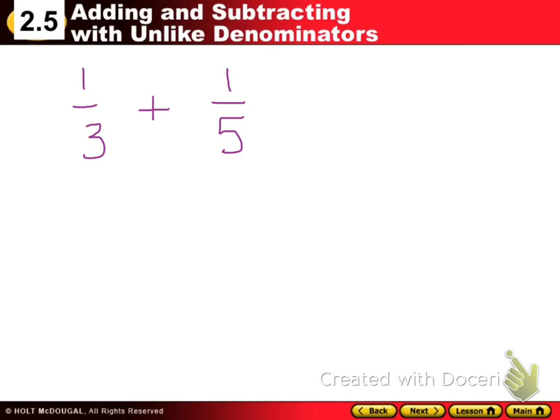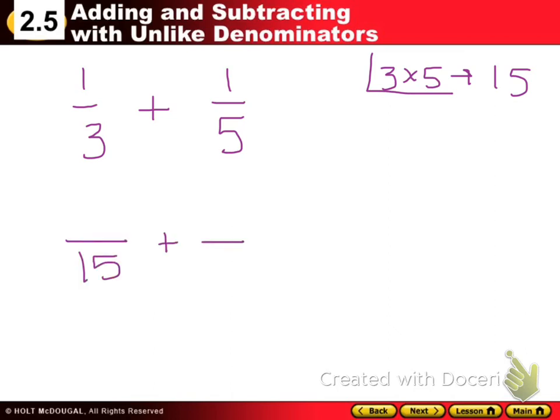So we have a third plus a fifth. The first thing we want to do is find the LCM of 3 and 5. You can tell that their greatest common factor is 1, so we know we're going to multiply them together to get 15. And then we're going to rewrite the fractions both with a denominator of 15.